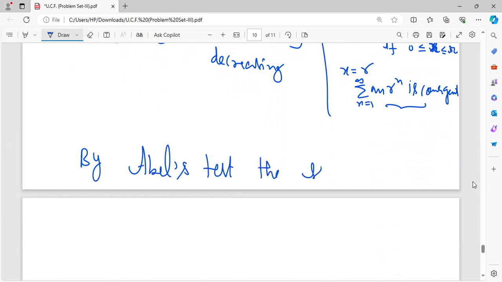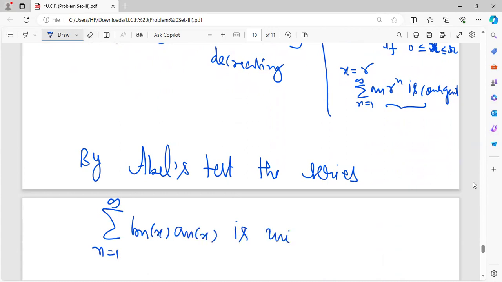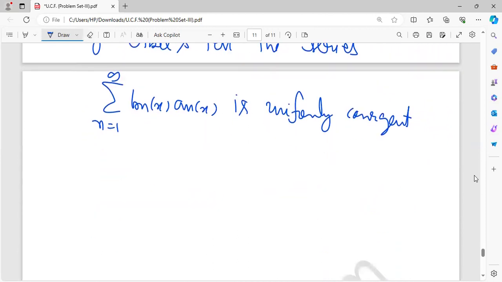the series summation n goes from 1 to infinity of b_n(x) a_n(x) is uniformly convergent. And what is this equal to?